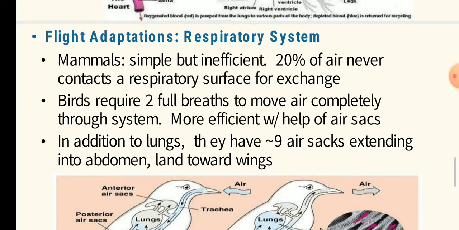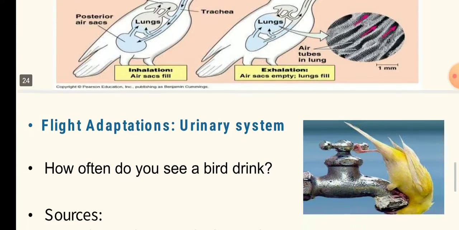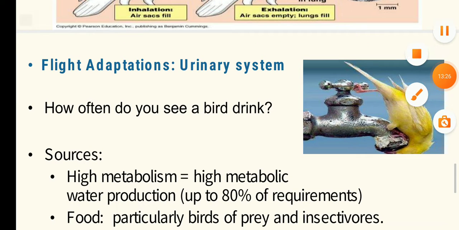So this is how the respiratory system carries out. The next is the urinary system, or the excretory system. In birds, the excretory system becomes specialized in three ways.